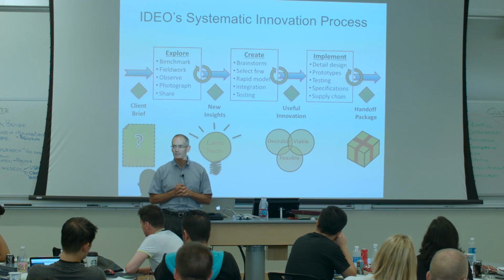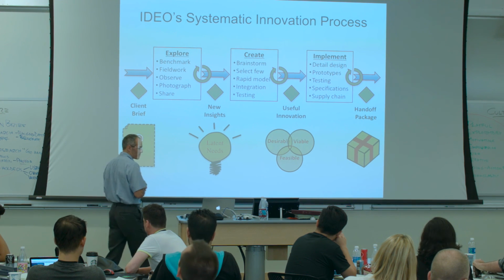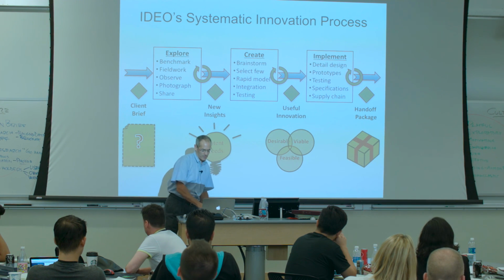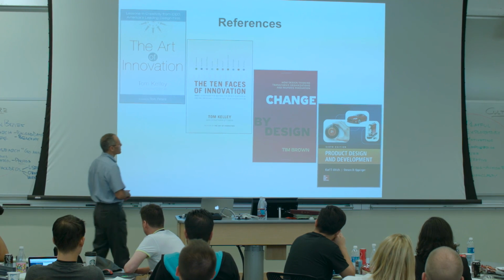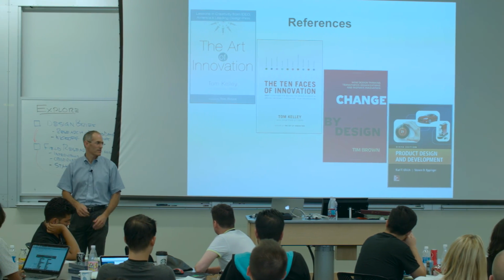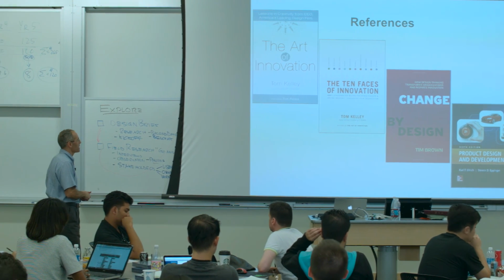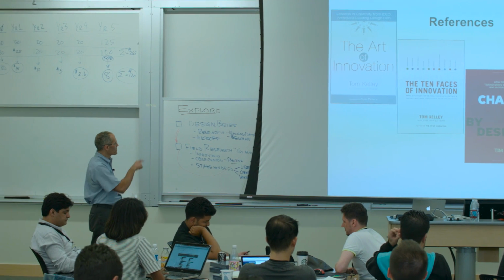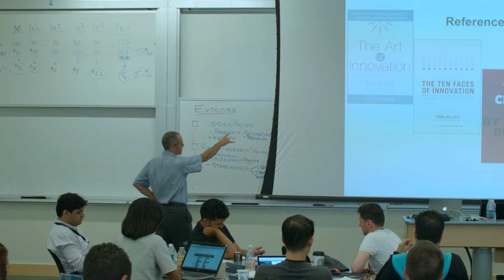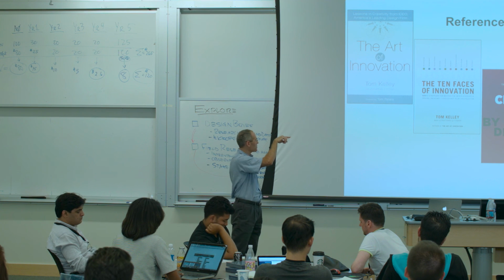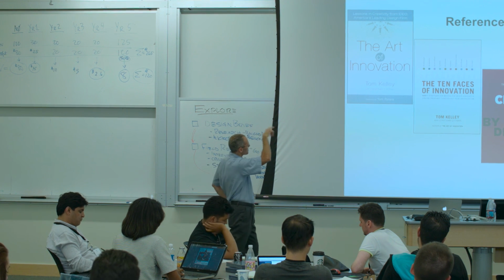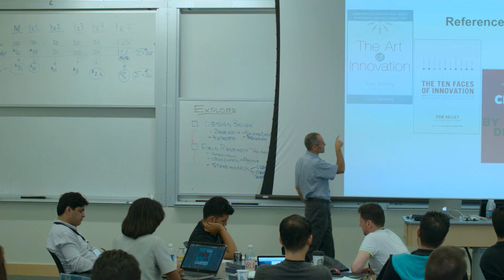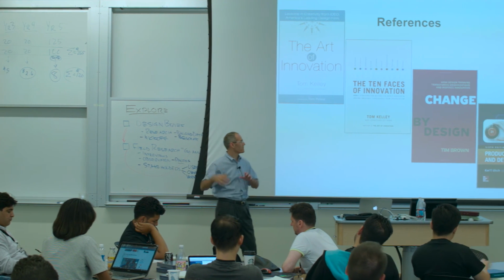All right, I thought you guys did a nice job figuring out and taking apart that IDEO thing. Let me just leave you with a couple of references. There's been a bunch of articles and some books written about and by some IDEO folks. So these first 3 books, you saw Tom Kelly in the video. He wrote these 2 books. This first one, The Art of Innovation, is pretty interesting. It talks a little bit about the process.